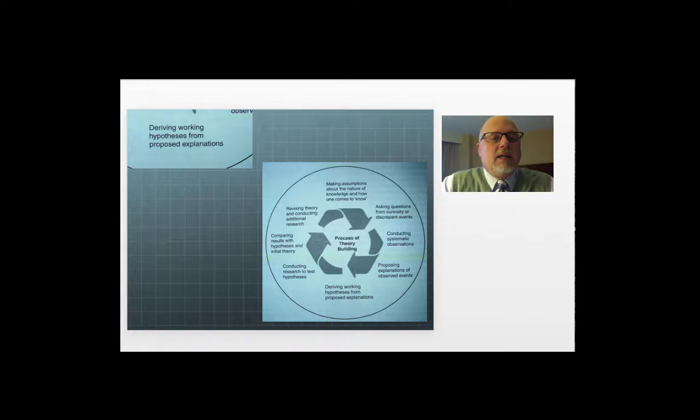So out of our theory, we've developed a set of ideas that we're looking to answer. And in the example that we're using of reading aloud to middle school students, our direct hypothesis might have something to do with when a teacher reads half an hour a day, 5 days a week, students read more.